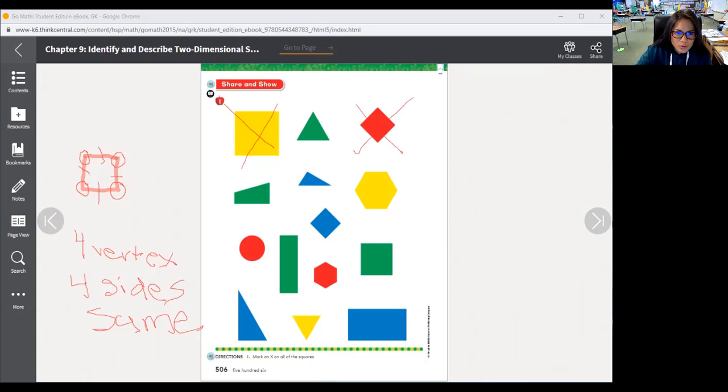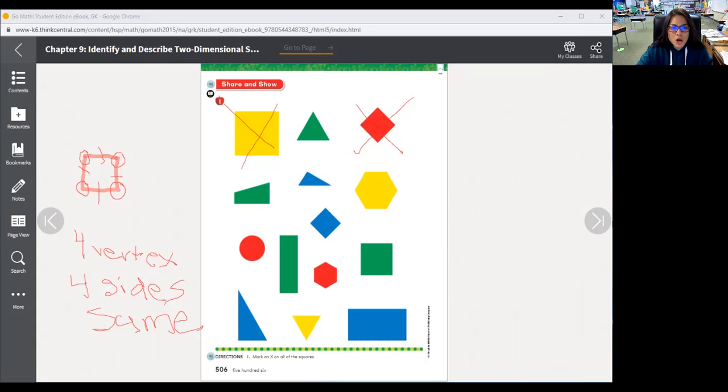Okay. All right, here we go. Let's try this one right here. I'm going to ask Calvin, the green shape right here. Yes or no? Right there, Calvin, is it yes or no? Calvin, yes or no on this shape, honey?